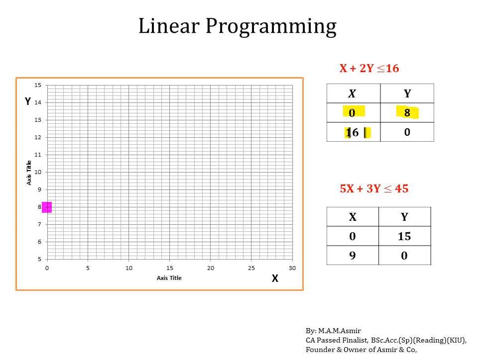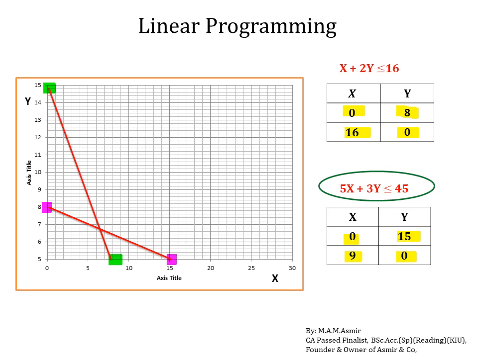We join those two points for the constraint line. We do the same for constraint 2, where x is 0, y equals 13, and where x equals 9, y equals 0, and then draw the constraint line.